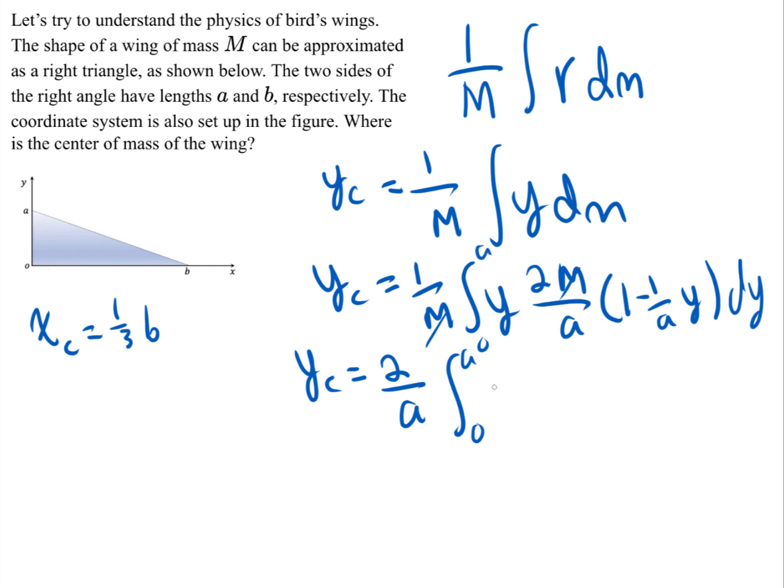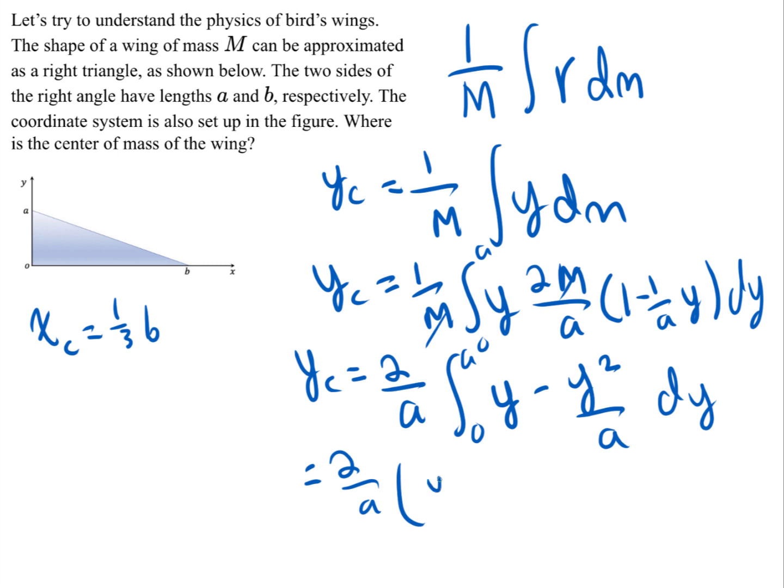And this is 0 to a of y minus y squared over a dy. So this gives us 2 over a times y squared over 2 minus y cubed over 3a, and we're evaluating this from 0 to a.